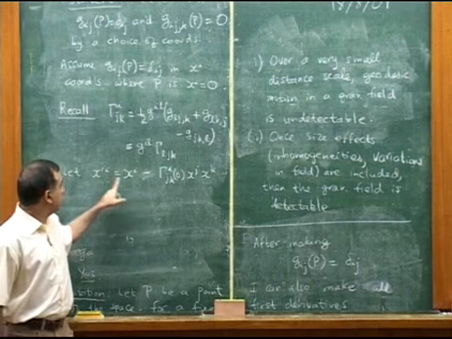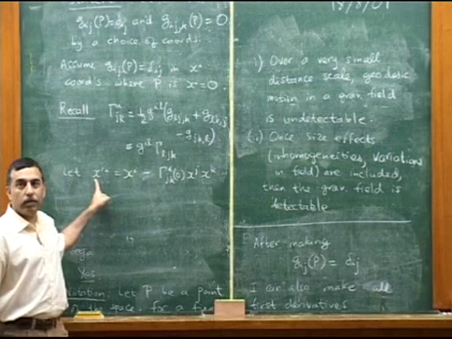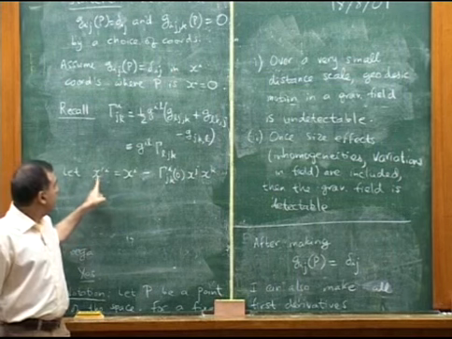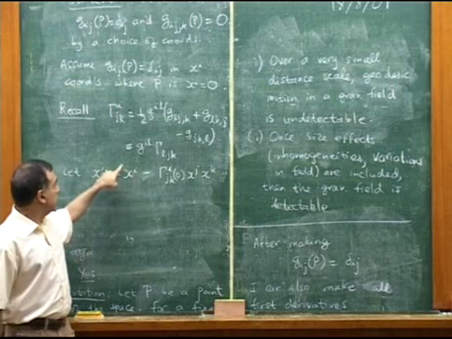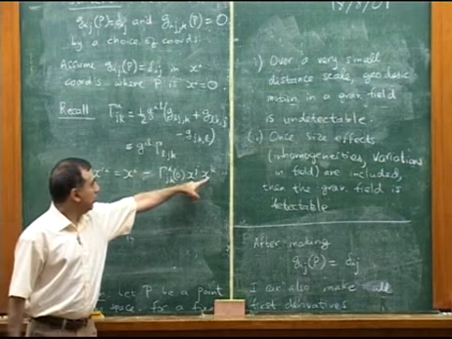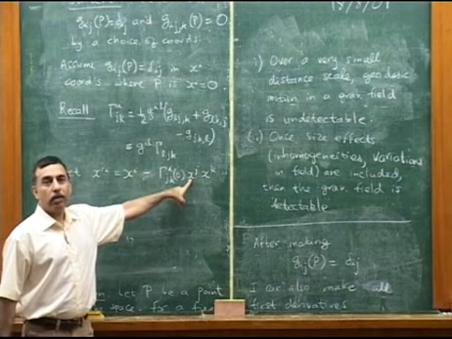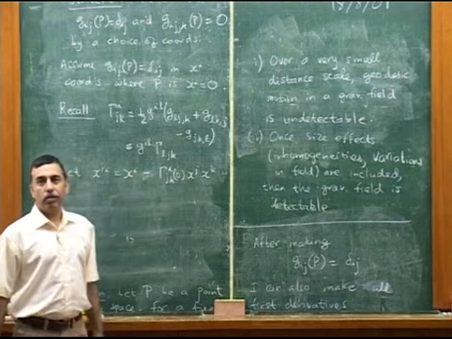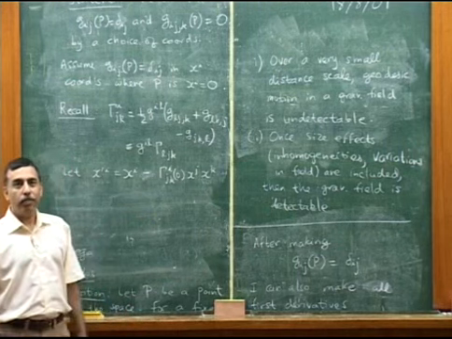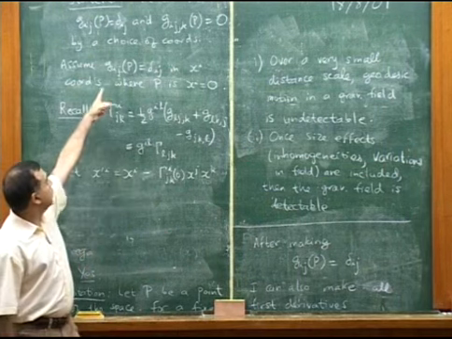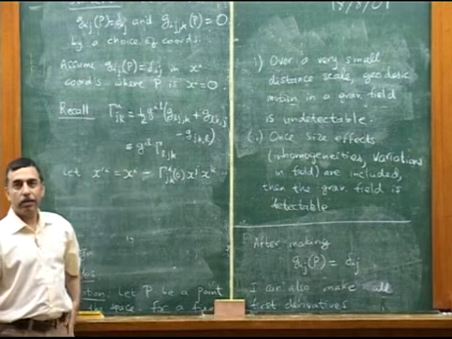First of all, when x is 0, what is the value of x prime? 0. Also 0. But secondly, if I look at the derivative of x prime with respect to x, this is delta Ij, but the second term, because it's quadratic, at the point 0 it doesn't contribute. So at the point 0, the transformation from G to G prime is just delta Ij. So if G was like that, it remains like that. Is that clear?